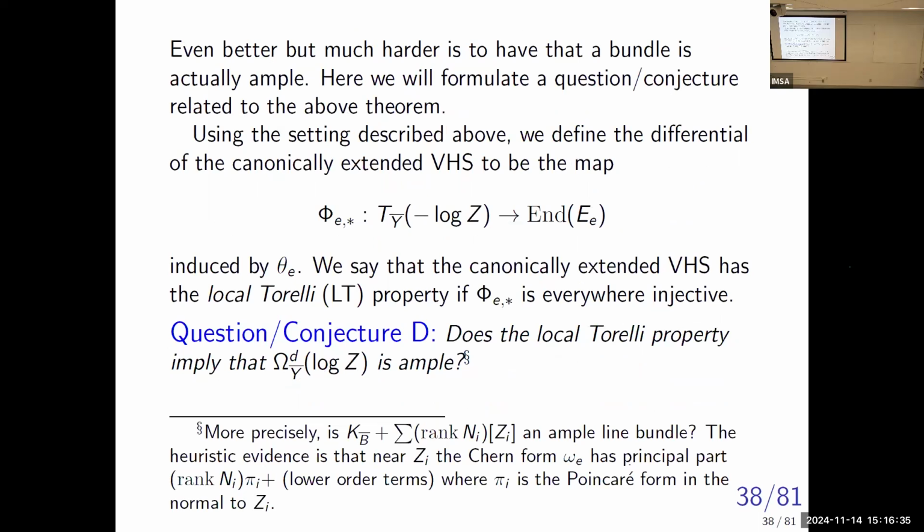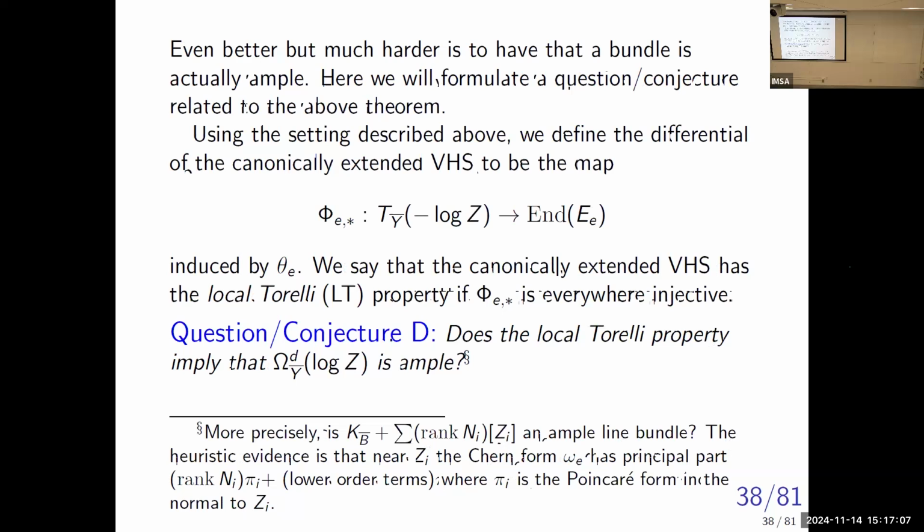So here, instead of the canonical bundle, I'm going to look at the log tangent bundle. So Y bar is the smooth completion, Z is the normal crossing divisor, and the differential of the canonically extended variation of Hodge structure is just this map that's induced by the Gauss-Manin connection. That's what the theta usually denotes. So the canonically extended has a local Torelli, that this is everywhere injective.